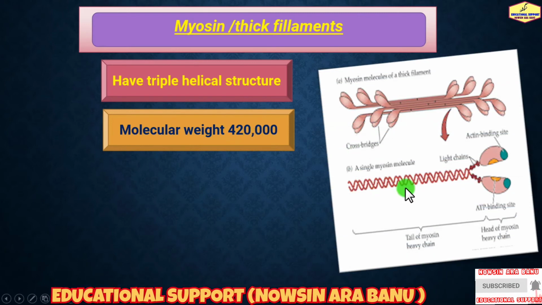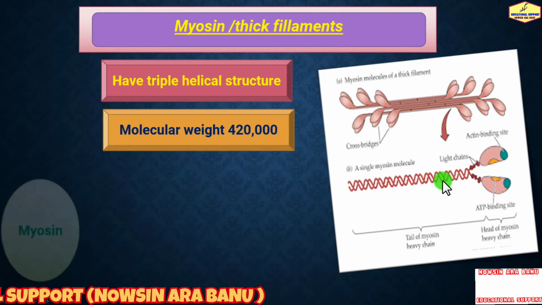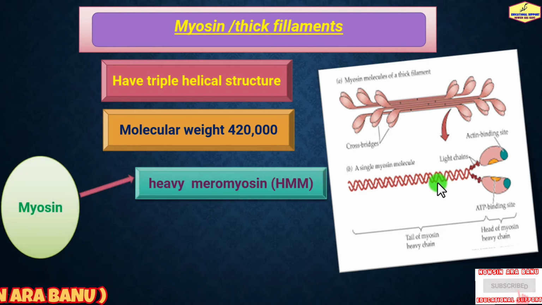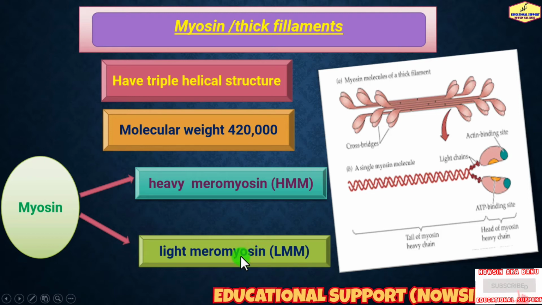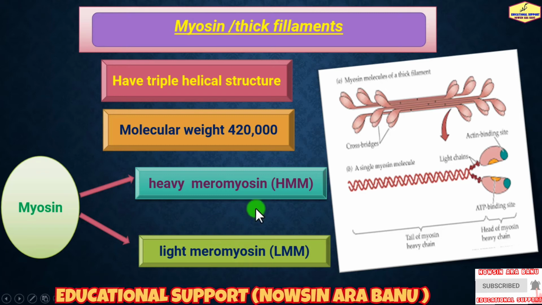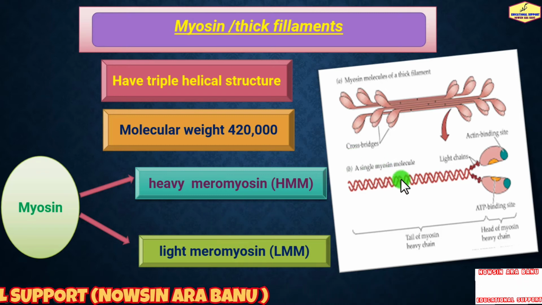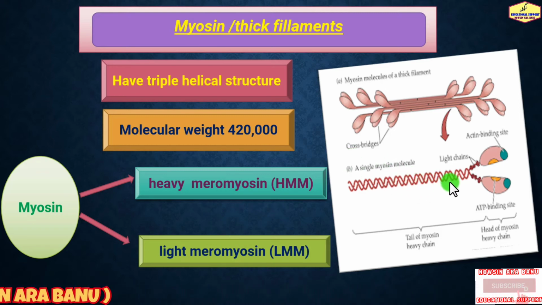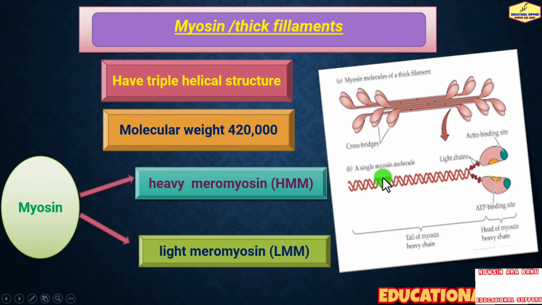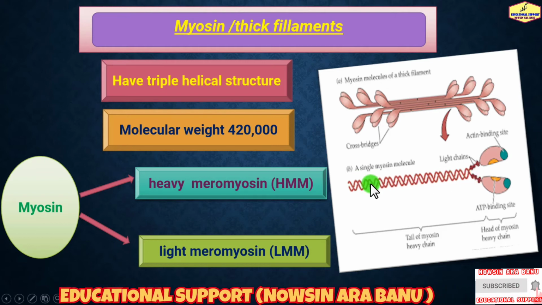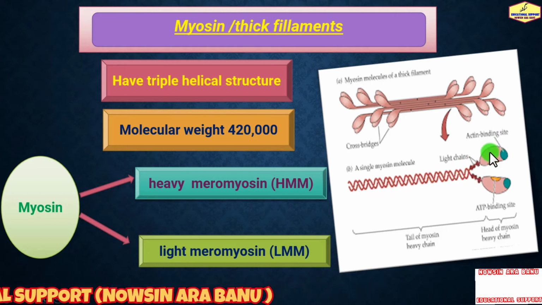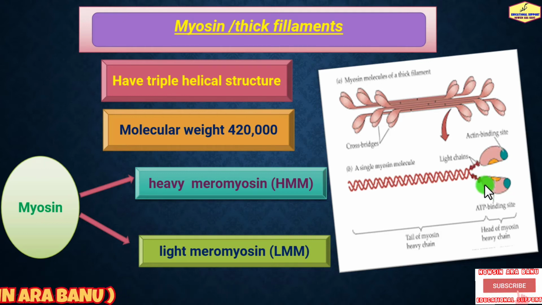It consists of two identical heavy meromyosin chains and two pairs of light meromyosin chains, so regulatory light chains and essential light chains. The molecule consists of two heavy myosin molecules wound together to form a rod portion which lies parallel to the myosin myofilament, and two heads that extend laterally.